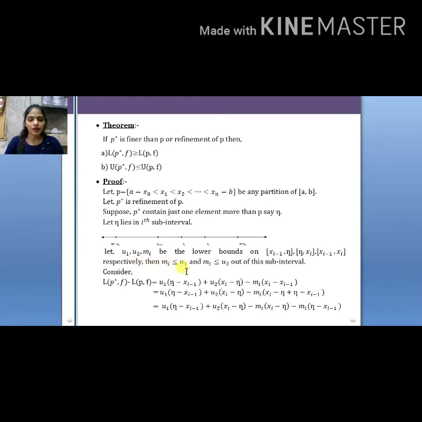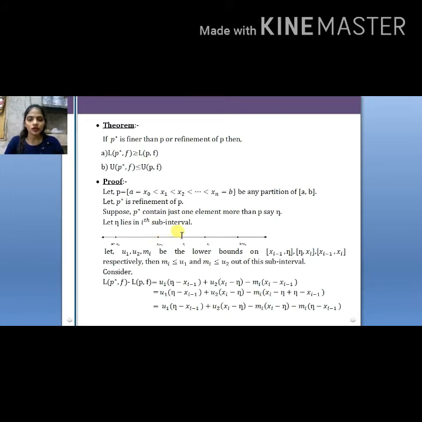Then small mi is less than or equal to u1 and small mi is less than or equal to u2 out of this sub-interval. Obviously, this is the first closed interval of x_{i-1} to eta. Here the lower bound is u1.